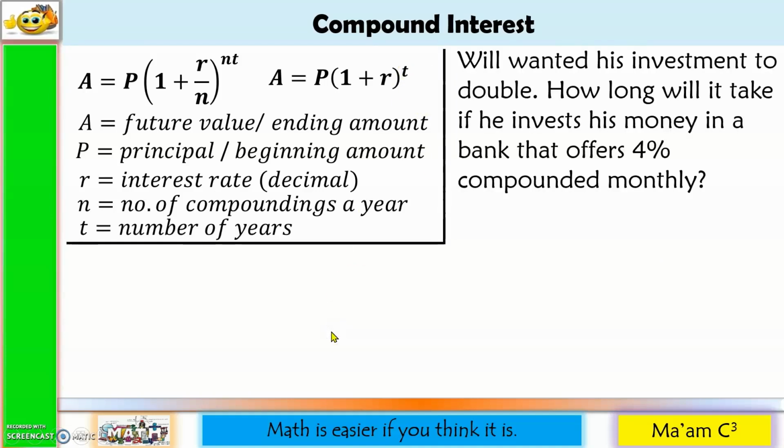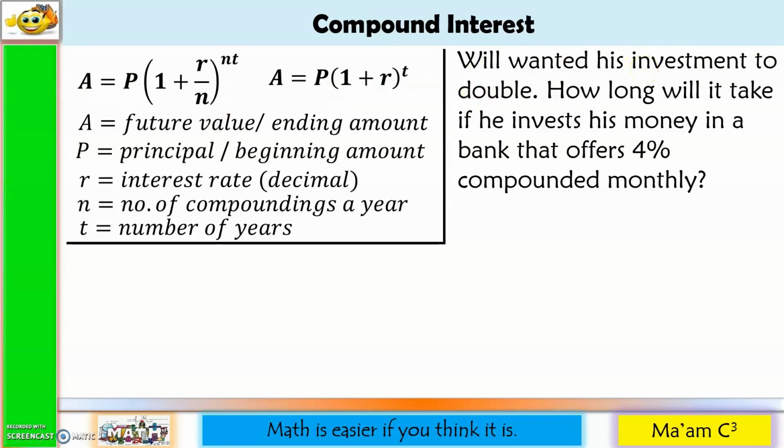Let's have an example. Will wanted his investment to double. How long will it take if he invests his money in a bank that offers 4% compounded monthly? Let us identify the given here. A is the future value. It says here, Will wanted his investment to double. So A will be twice of the investment.